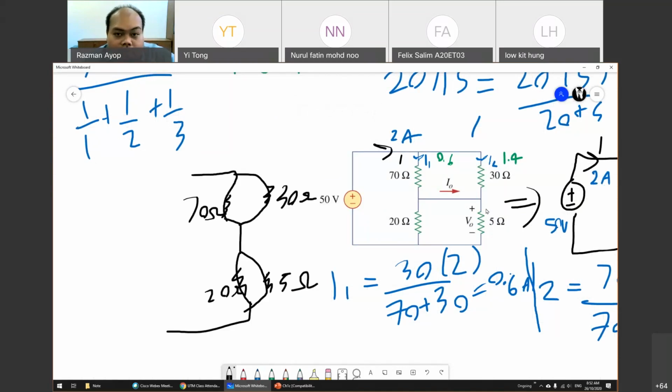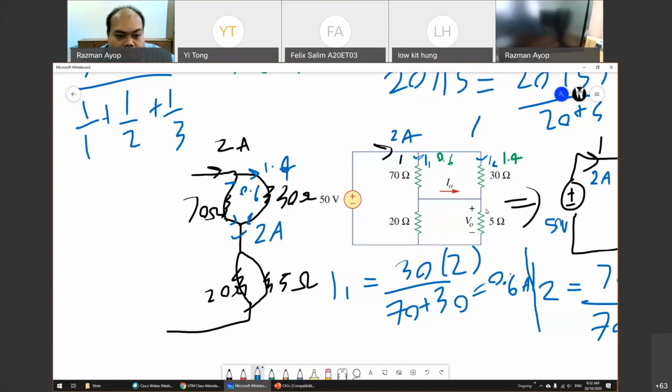You use Kirchhoff's Current Law, you get 2 ampere, then this one will become 1.6, and this one is 0.6, this one is 1.4. If you use Kirchhoff's Current Law, 0.6 plus 1.4, you get 2 ampere back.